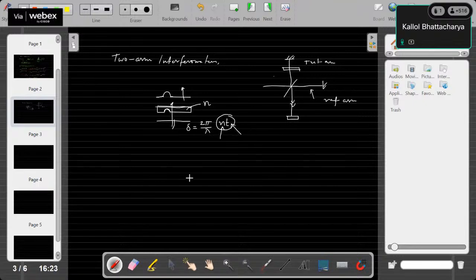The other wavefront, remember, is a plane wavefront coming from the reference arm. So it's always the interference between the plane wavefront and the distorted wavefront. The distortion of the wavefront corresponds to the distortion of the sample, right? Because the wavefront is passing through the sample.